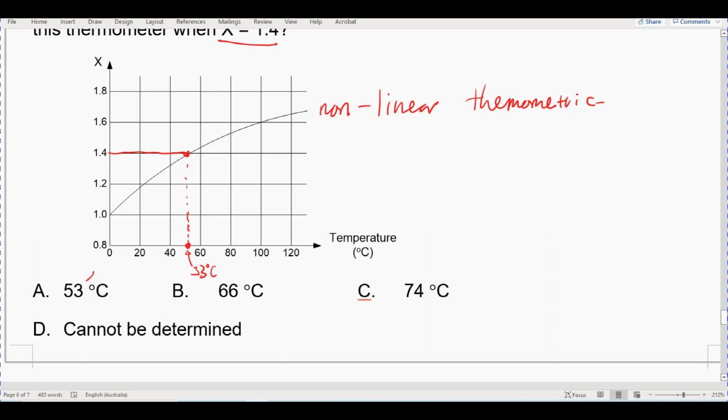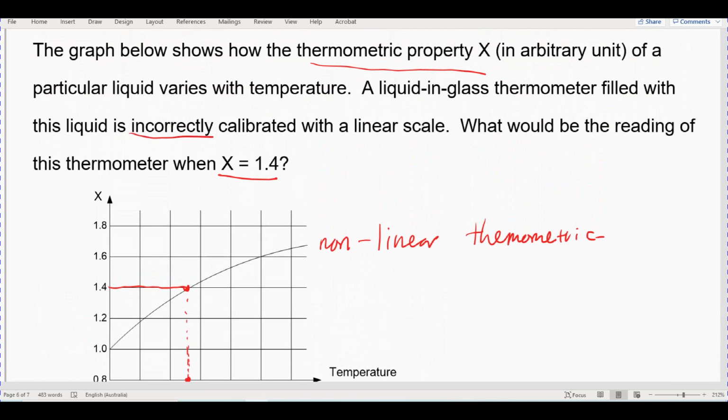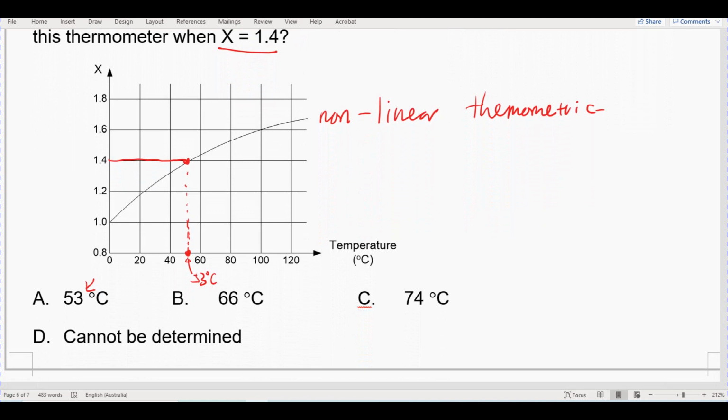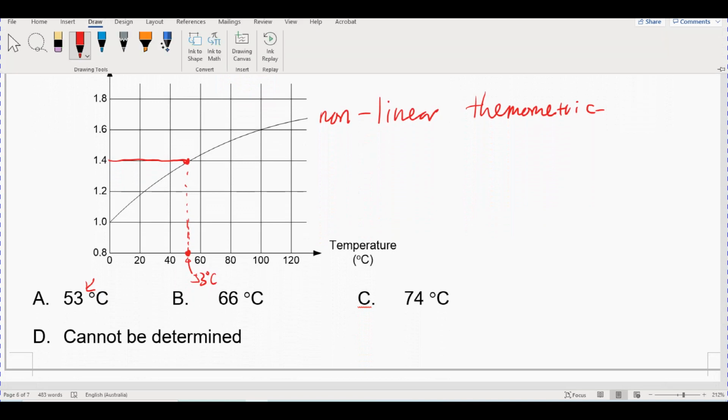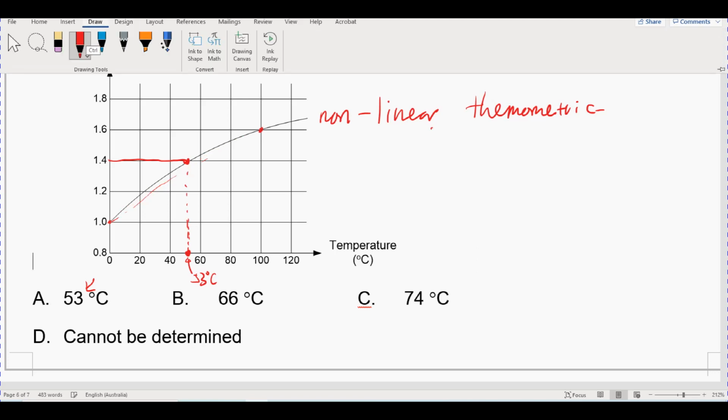Okay, so this is the correct reading, but the question is about a thermometer that has been incorrectly calibrated with a linear scale. So they treat it like a linear scale. When you treat it like a linear scale, what would be the reading? You might see that if it's a linear scale, I would just draw a straight line from 1 to... sorry, it's very hard to draw a straight line using the electronic pen.